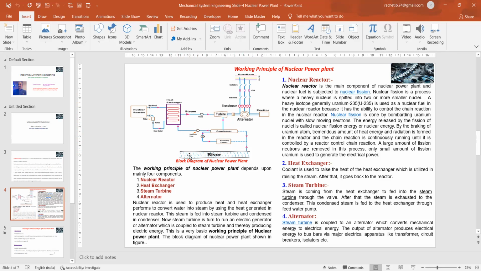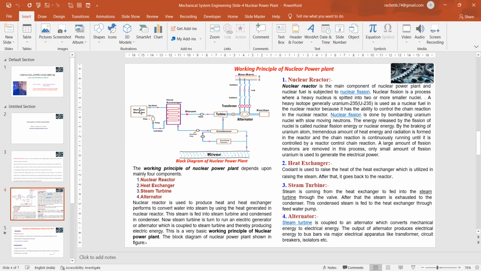So this is in brief about the working principle, and the main components are nuclear reactor, heat exchangers, steam turbine, alternator. So we have seen nuclear reactor. In this nuclear reactor, fuel rods, coolants, and moderators are also there to moderate. Control rods are also there. These control rods control the fission reaction.